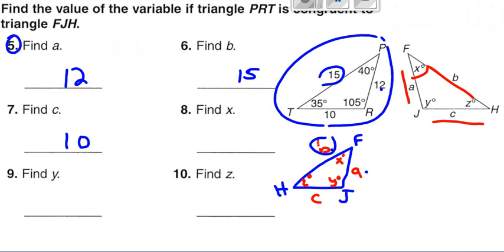All right, X, now we're talking about angles. So X is going to be the same as this angle, which is 40 degrees. Y is going to be the same as this angle, which is 105. And then Z would be the remaining angle, which is 35 degrees.